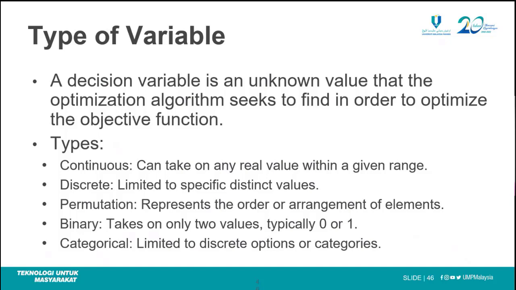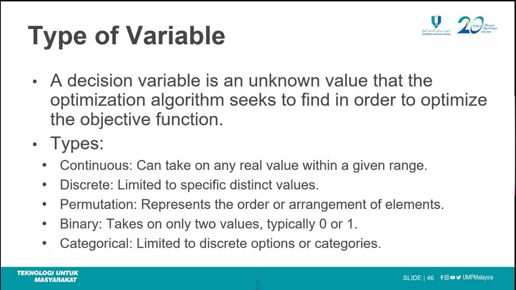Types of variable. We have a few types of variable. It can be in the continuous form, so it can take any real value within the given range. For example, in the cylindrical tank design we discussed earlier, it can take any value between the minimum and maximum limit.